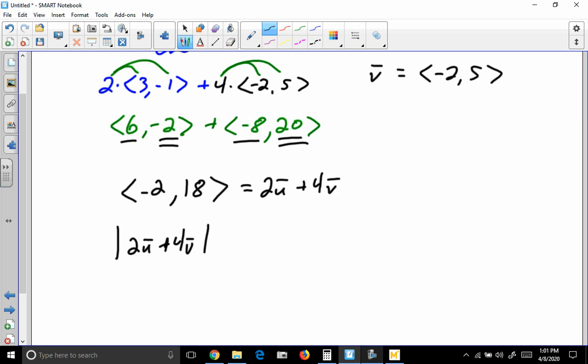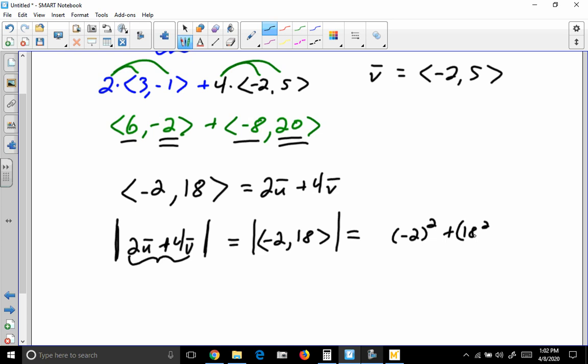And remember, while that looks like absolute value, essentially what that means is to find the length of this vector. So whatever we get for 2u plus 4v, find the length of it. So what is the length of the vector negative 2, 18? So remember, it's basically the distance formula, or the Pythagorean theorem. It's the x part squared plus the y part squared.